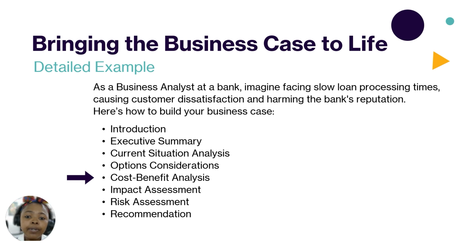Option two, new software, would incur a high upfront cost, but promises long-term savings and a 40% reduction in processing time. Option three, hiring additional staff, has moderate ongoing costs but provides immediate relief to processing delays. Option four, maintaining the current setup, has no initial costs but risks ongoing dissatisfaction and potential loss of business.